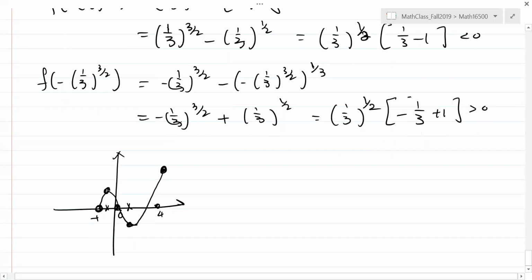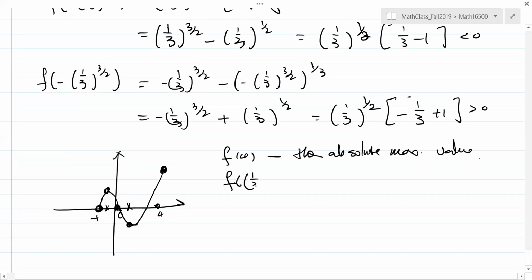From this picture, you can tell what the absolute maximum value is. f of 4 is the absolute maximum value. f of 1/3 to the 3/2 is the absolute minimum value. We already calculated that, it's going to be 1/3 minus 1, which is negative.